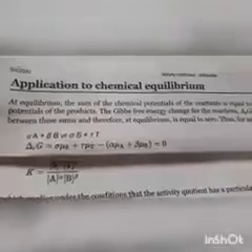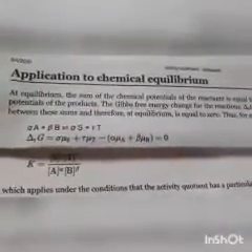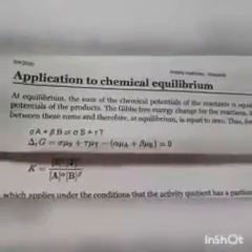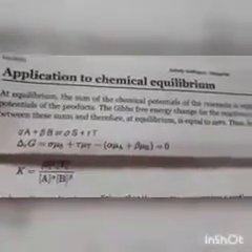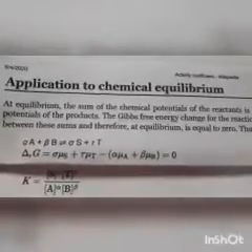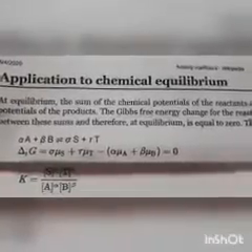Thus, for an equilibrium such as alpha A plus beta B goes to sigma S plus tau T, delta R G is sigma mu S plus tau mu T minus alpha mu A plus beta mu B equals 0.